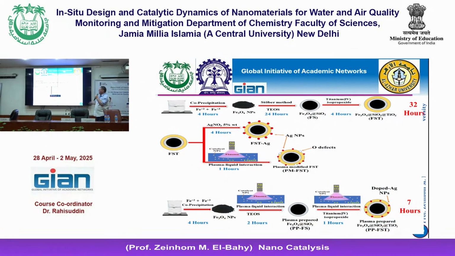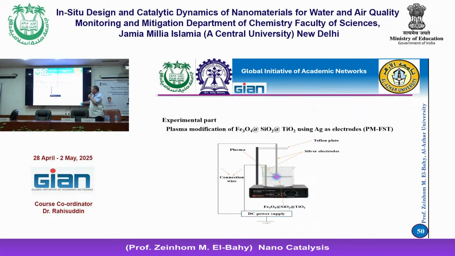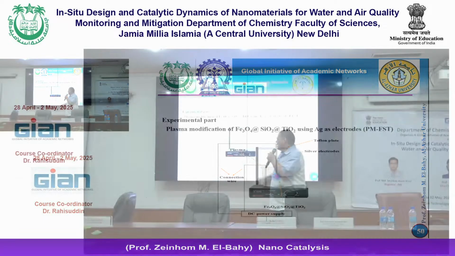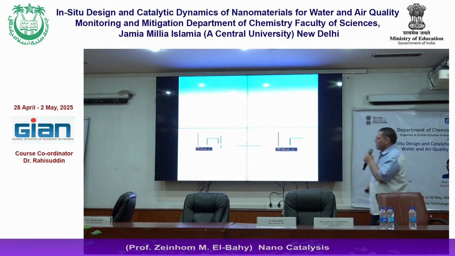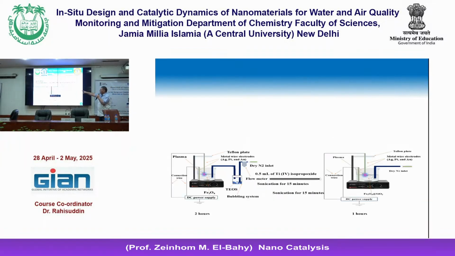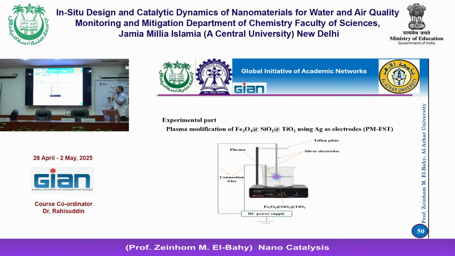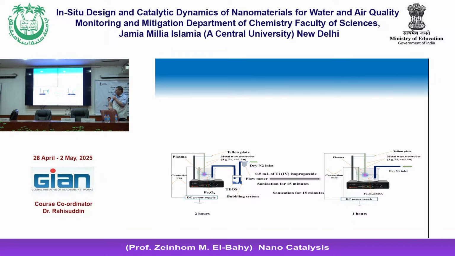Let me show you. This is a simple setup of the plasma, where this is a magnet and this is a beaker, okay? And these are 2 electrodes of plasma, and of course power. This is how it goes. Of course, we used silver as the electrode. Here you can see how we introduced the silica.